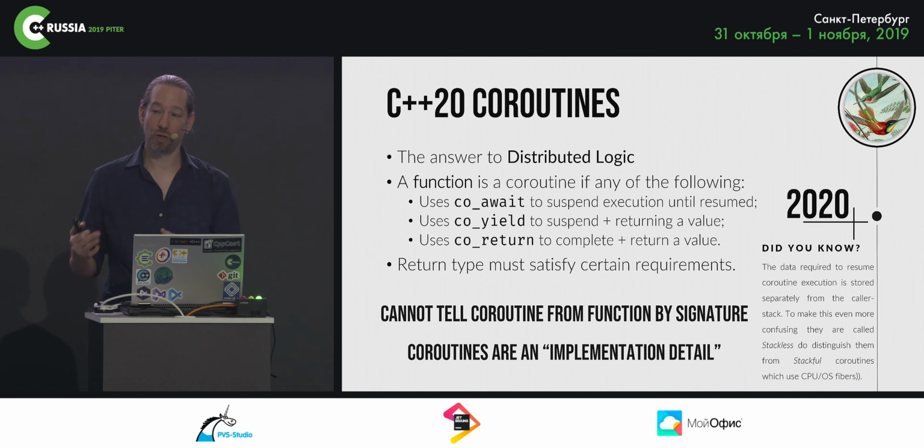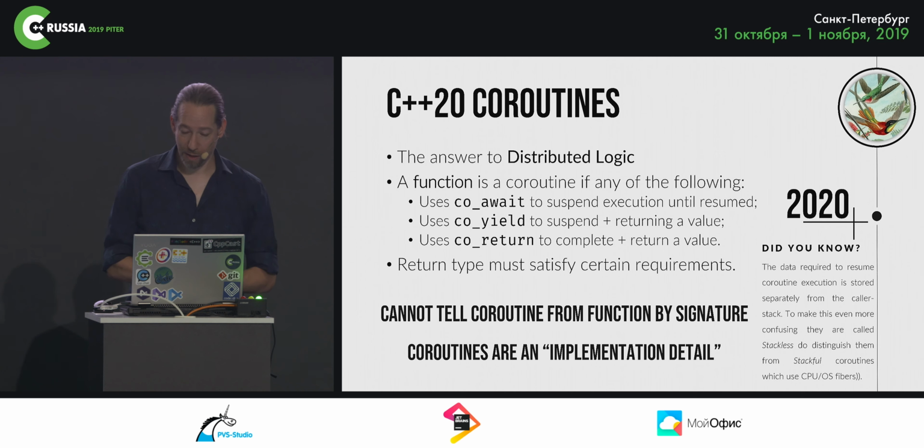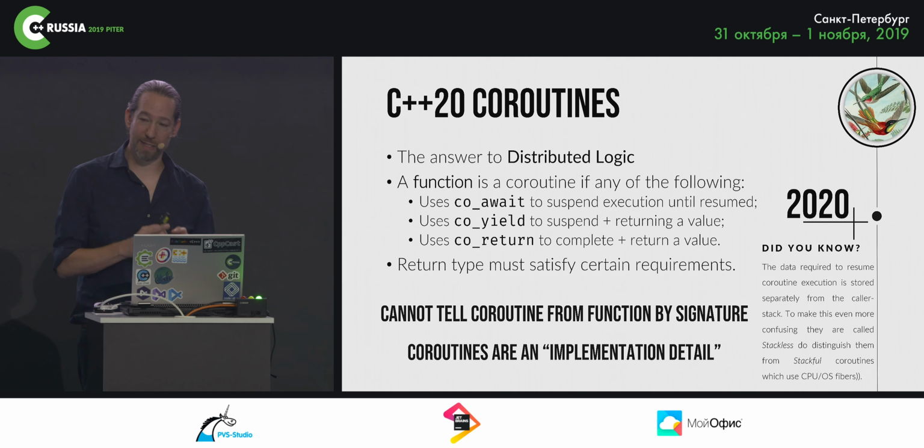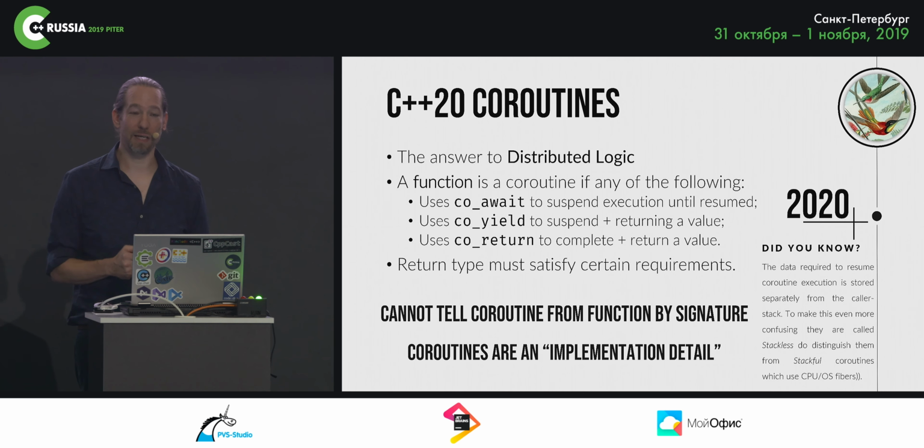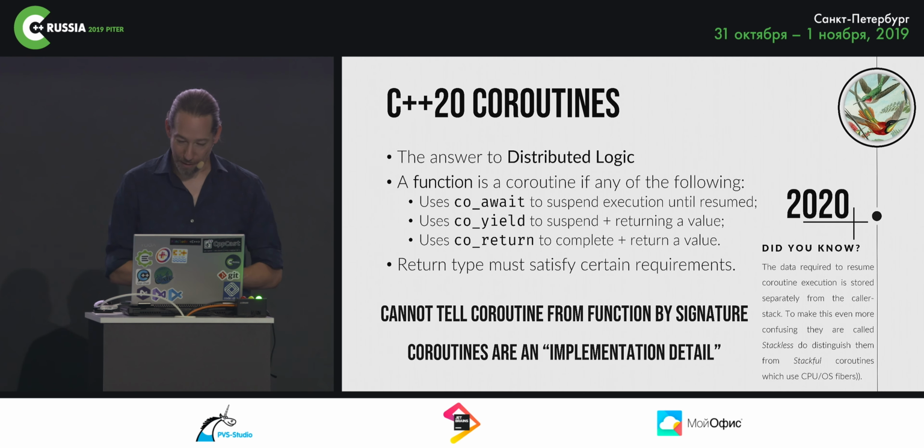So hypothetically, you could implement something that looks like a coroutine and has a return value of a coroutine, but isn't actually a coroutine. We'll see a very simple example of that in a minute. So it's important to understand that coroutines are an implementation aspect where the compiler does some nice compiler magic for us, kind of syntactic sugar on steroids.